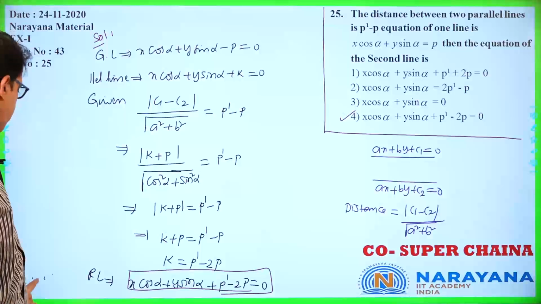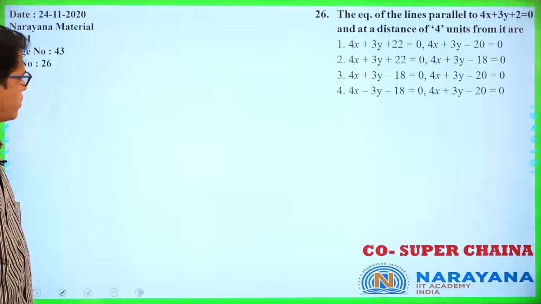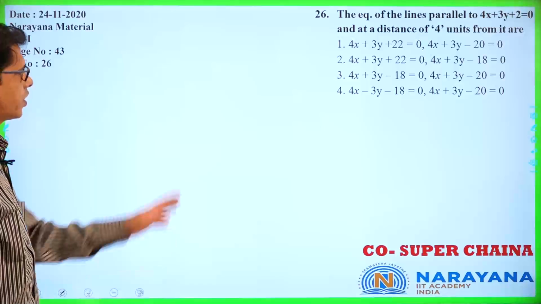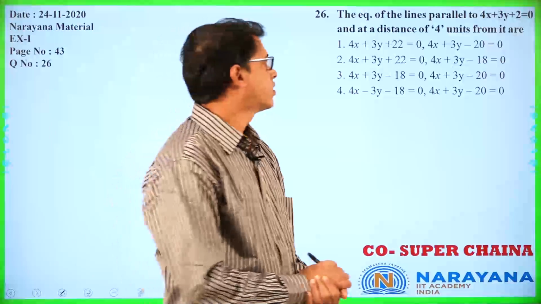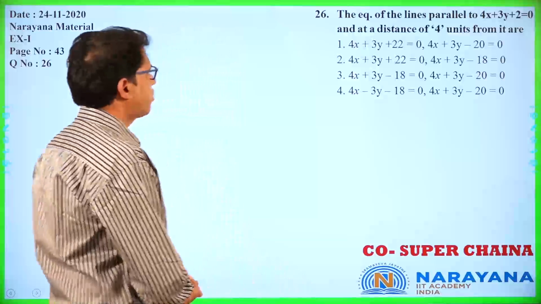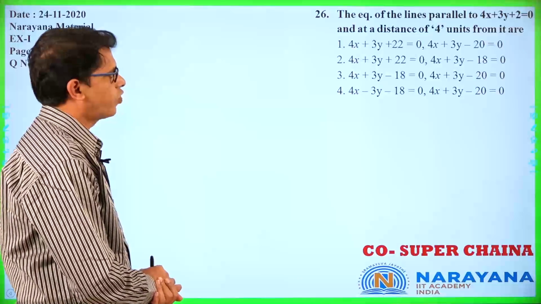Next one, application of the formula for the distance between two parallel lines. Again the same formula. Here we need the equation of the lines parallel to this one at a distance of 4 units.